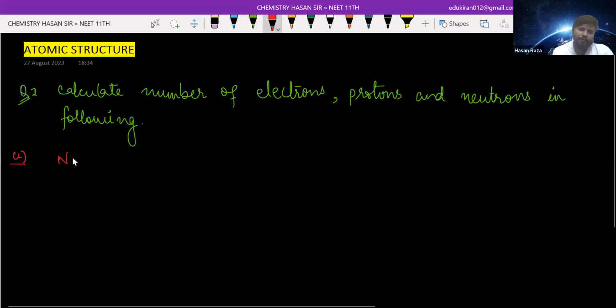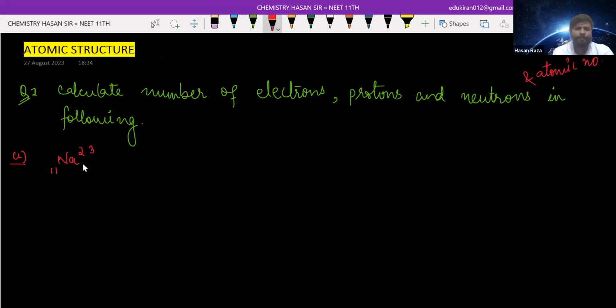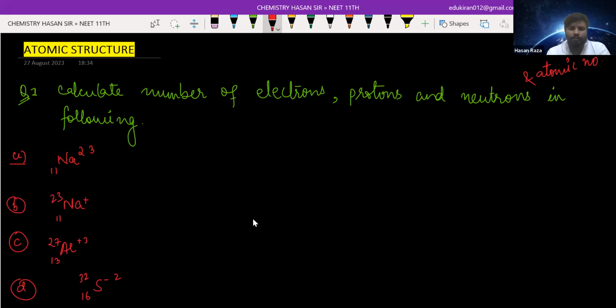First one is... and also atomic number. In all of this, you need to calculate the number of electrons, protons, and neutrons.